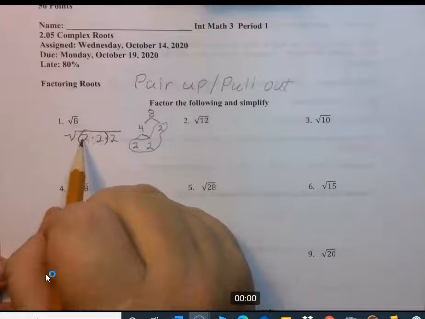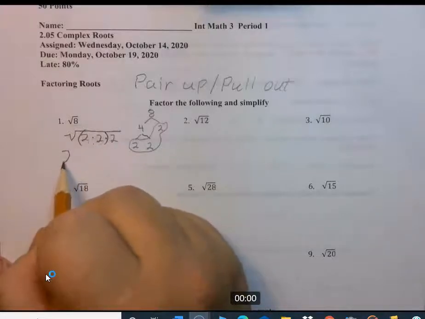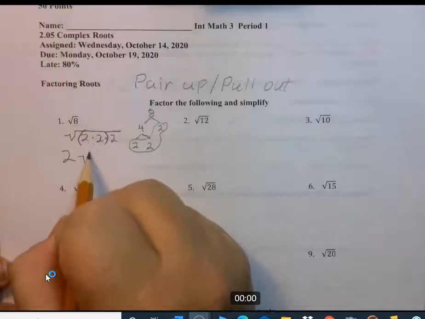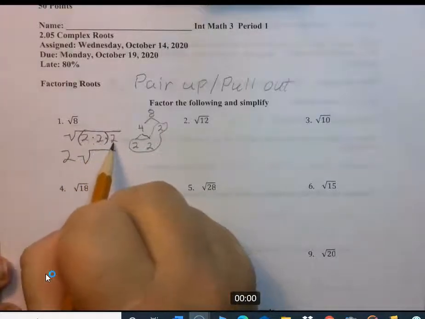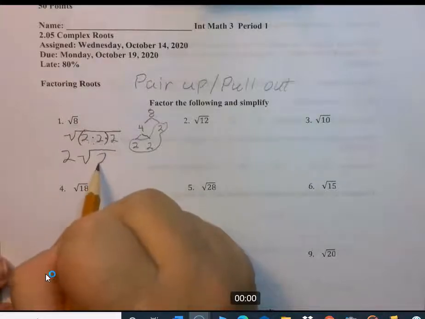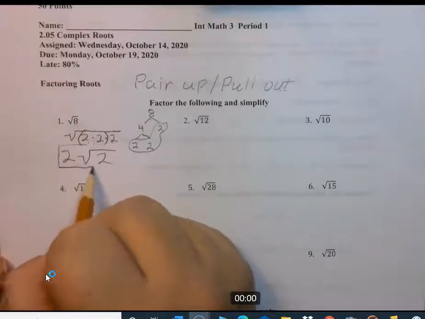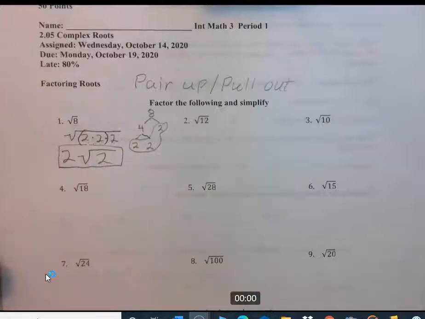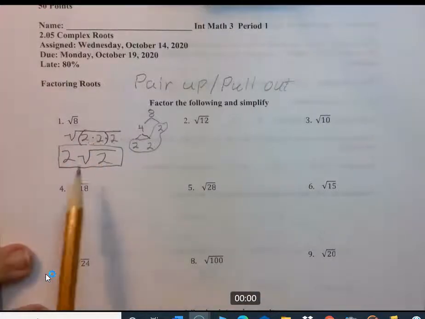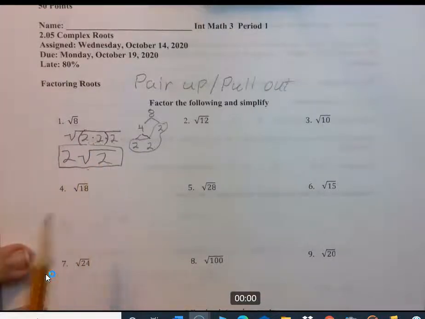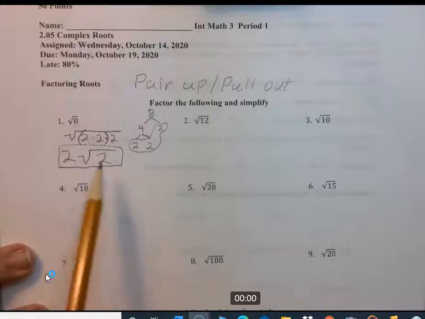So what it in effect does is you pair these up and you pull them out of the radical. Now this 2 doesn't have anyone else to pair up with, so it stays inside. So that is the simplified form of the square root of 8. And the way this is read is 2 root 2.